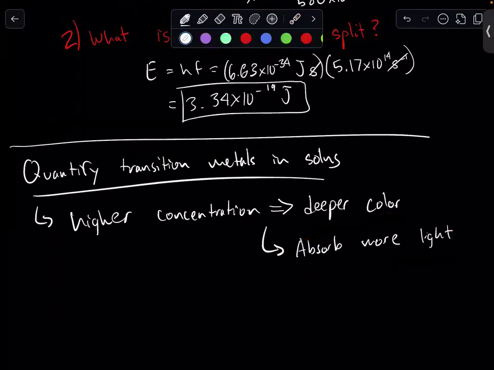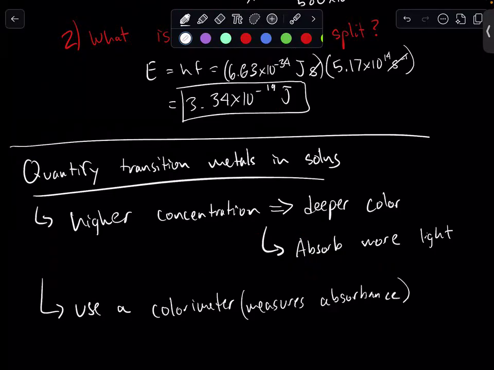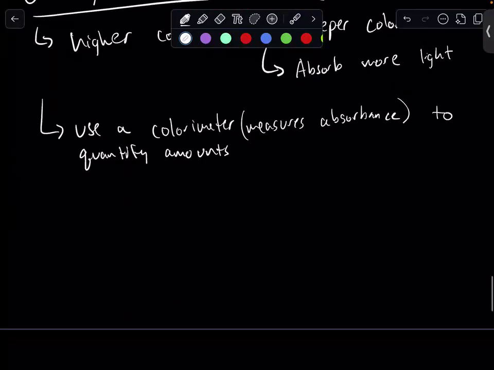So we can therefore use a colorimeter, which measures absorbance, to quantify amounts. Now, the thing is, to do this, we need what's called a calibration curve, which, funnily enough, is not a curve.